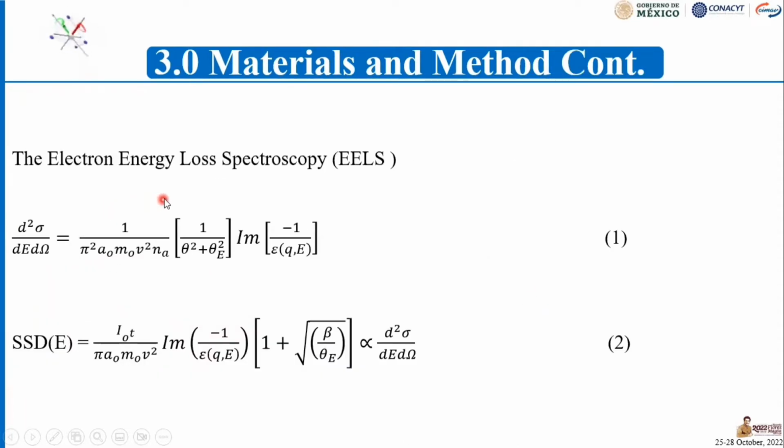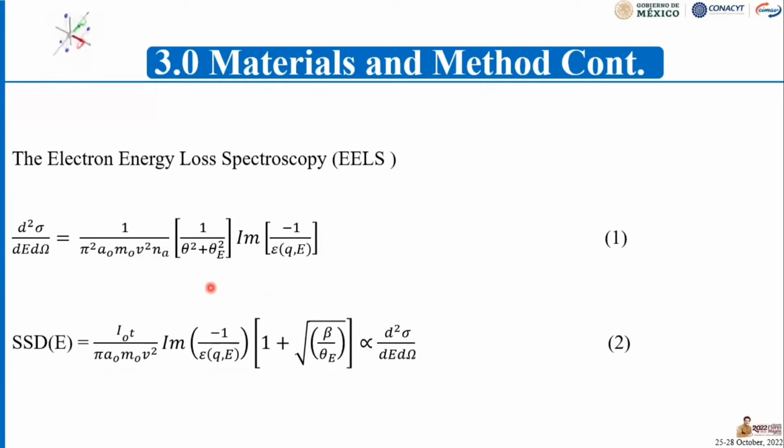In consideration to eliminate the plural scattering from VEELS, so that energy loss can be separated more efficiently, this was used for the optimization analysis. We have pi squared, and here we have the Bohr radius, electron rest mass, speed of incident electron, the number of atoms per unit volume, where this is the characteristic scattering angle for a particular energy loss.